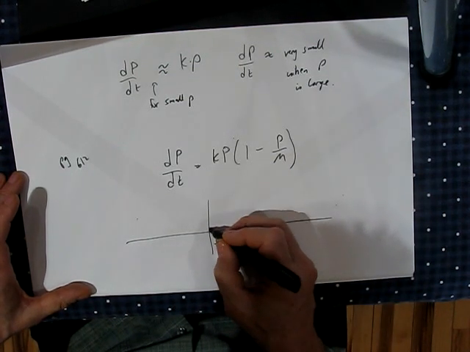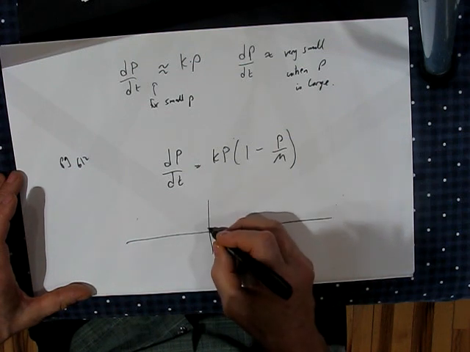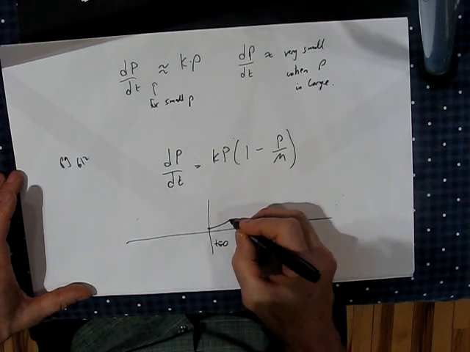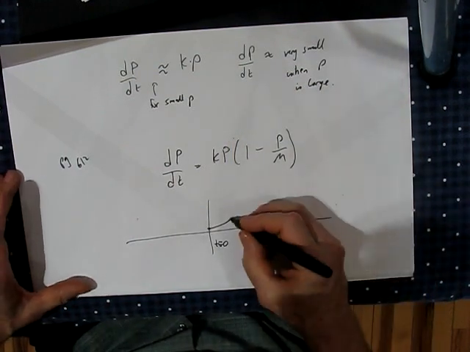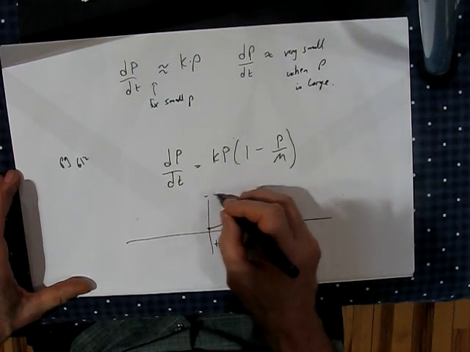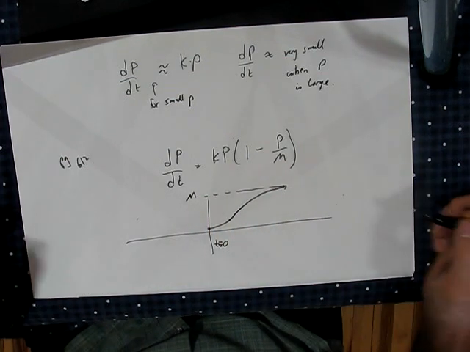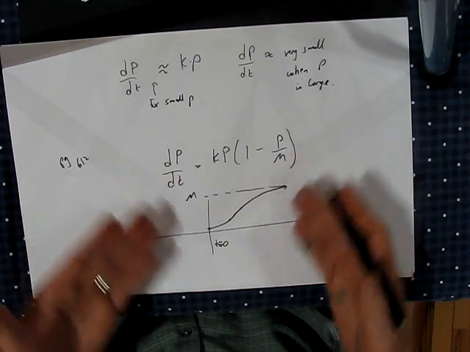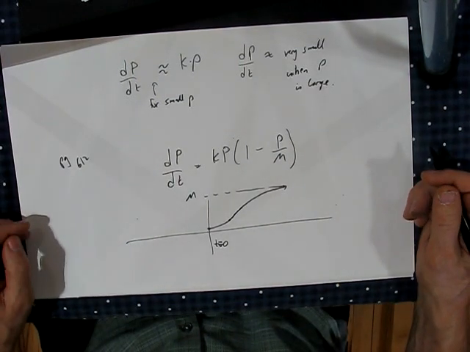At t equals 0, we have a very small population, and it grows rapidly because this is basically gone. But after a long enough period of time, we reach a value close to m, we're going to flatten out. So it appears that this is numerically what this equation looks like.